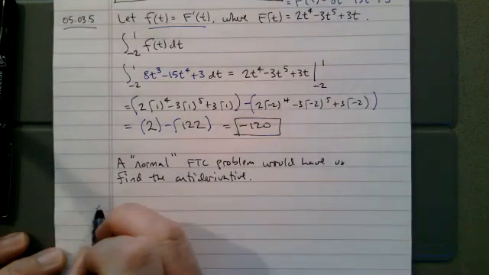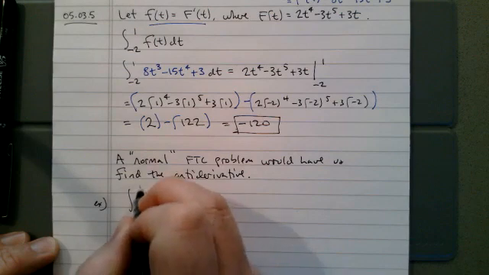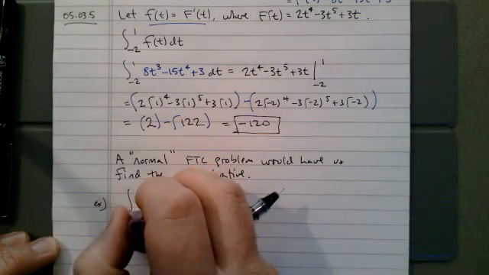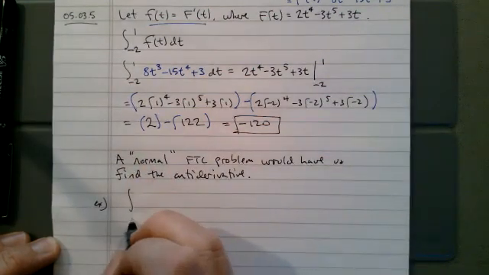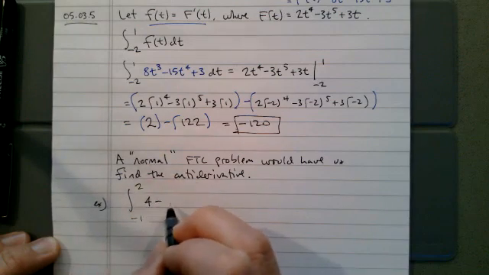So for example, we would see something like find the integral from -1 to 2 of 4 minus x squared dx.